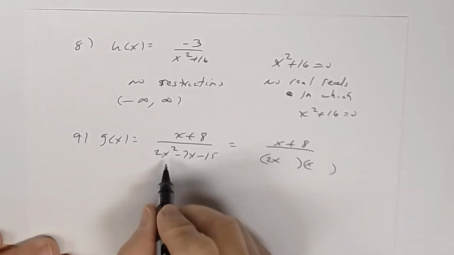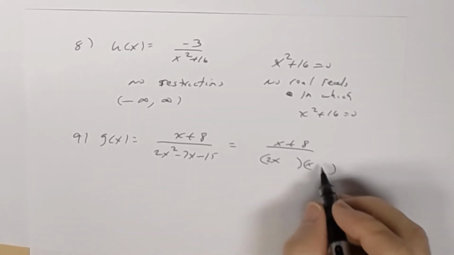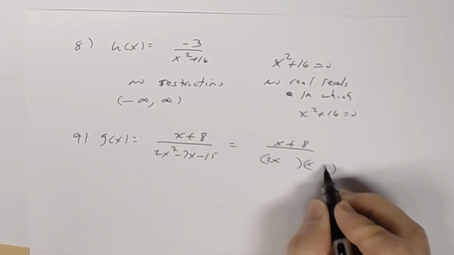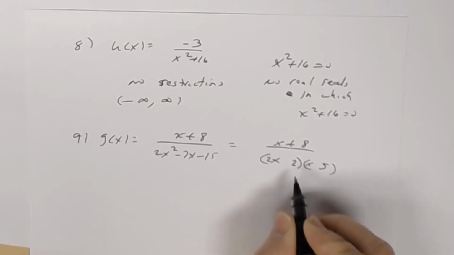I wonder if I wrote this correct. Let me check. Okay, so yeah, I did. I wasn't thinking very well. So let's put this as 5 here. And let's put this as 2.